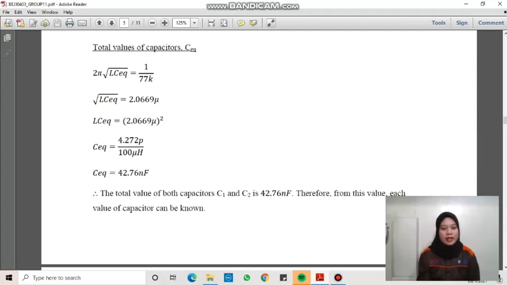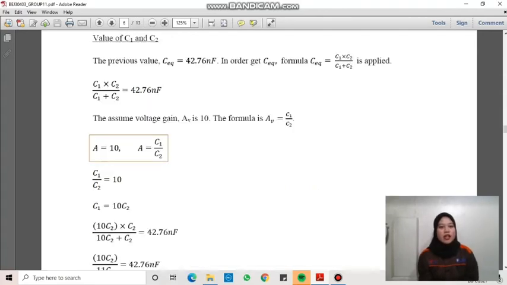We find that C_EQ is 42.76 nanofarad. This means the total value of C1 and C2 is 42.76 nanofarad. In order to find the value of each of C1 and C2, we use the formula of A.